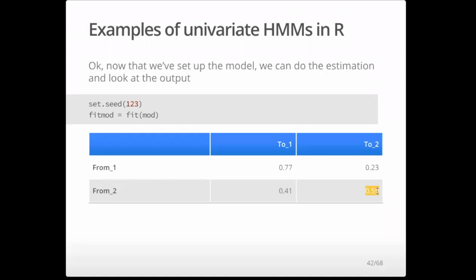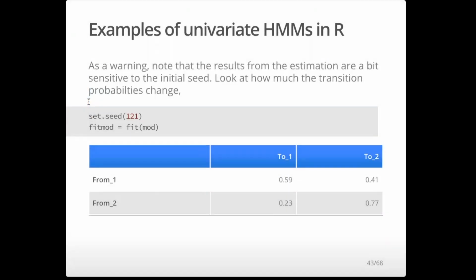I think it's important to think about these probabilities for a second. The reason I've got the seed up here is I just wanted to show that these results are fairly sensitive to what we choose for the seed, unfortunately. In this case, I picked a random seed, fit the model. I'm going to pick another seed, 1, 2, 1. And basically what happened is you can see these switched.